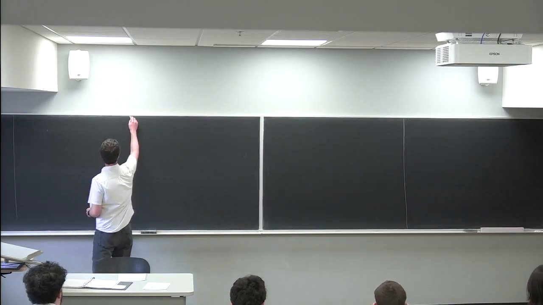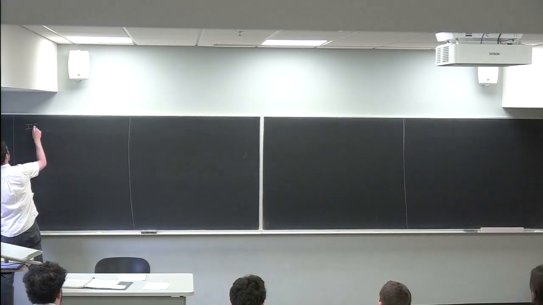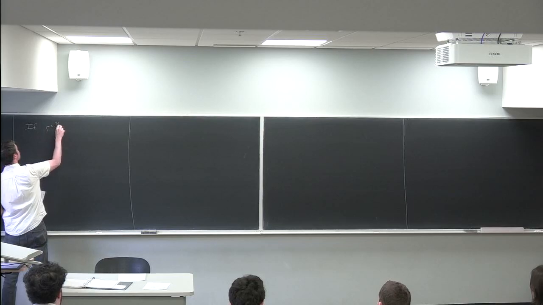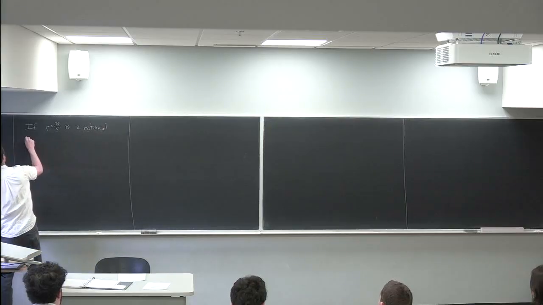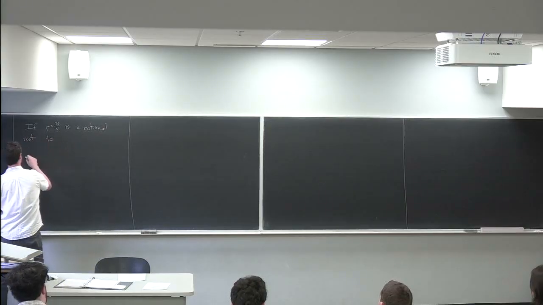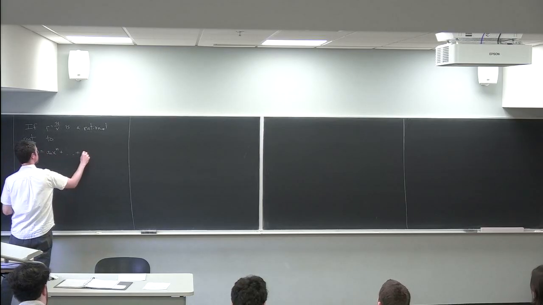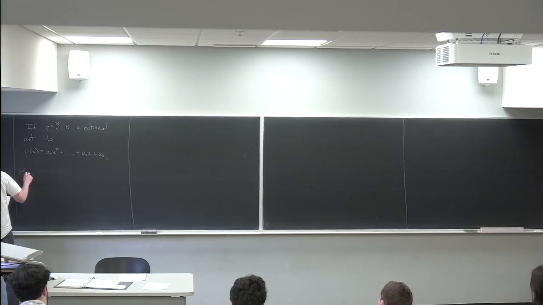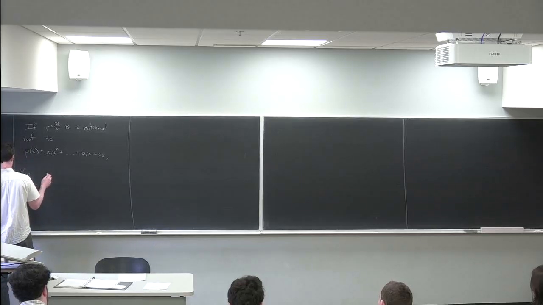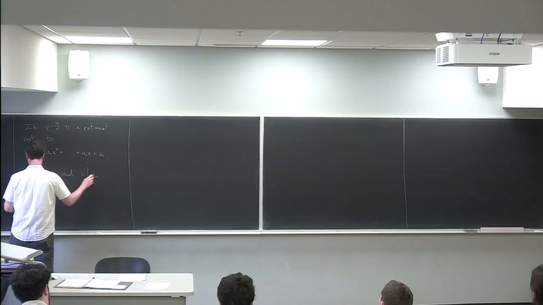But anyway, remember the rational root theorem said that if r equals u over v is a rational root to the polynomial, then the numerator divides the constant coefficient and the denominator divides the top coefficient.